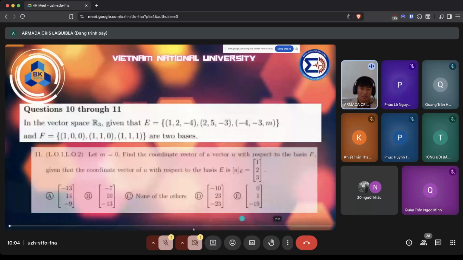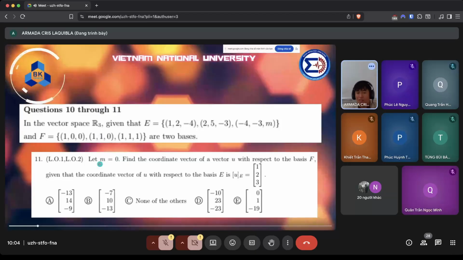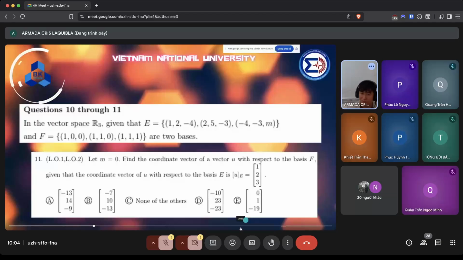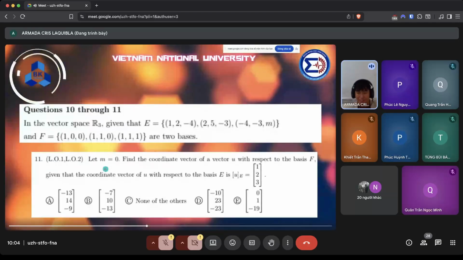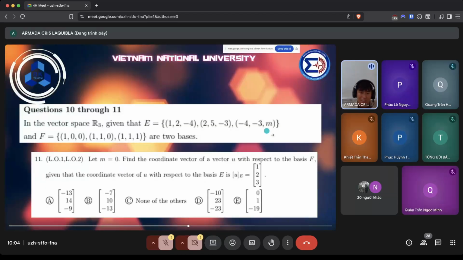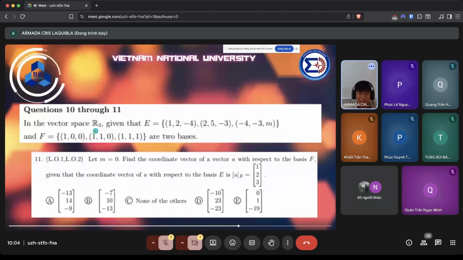Now for number 11. The m that it says there should not be equal to 41. Now look at number 11, class. It says that we let m is equal to 0. So if this is 0 here, your E is also a basis in your R3. Again, the basis, class, is not unique.